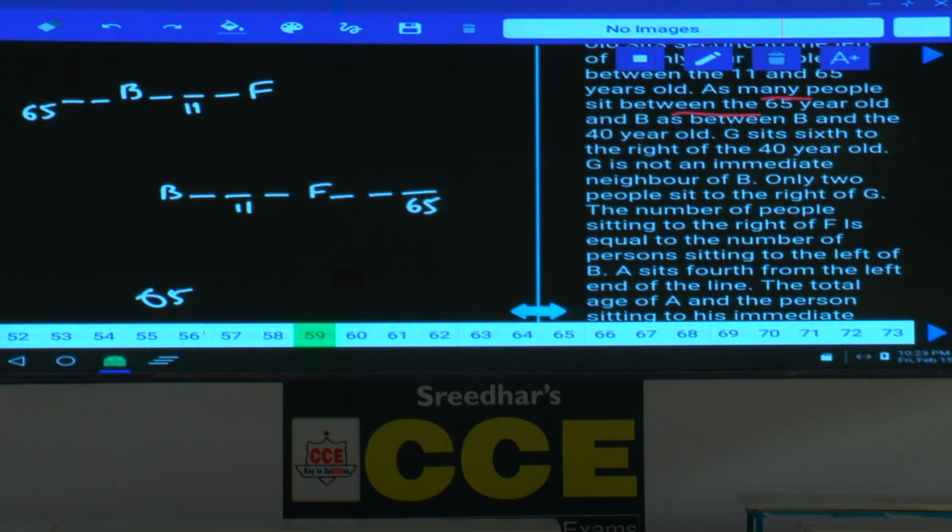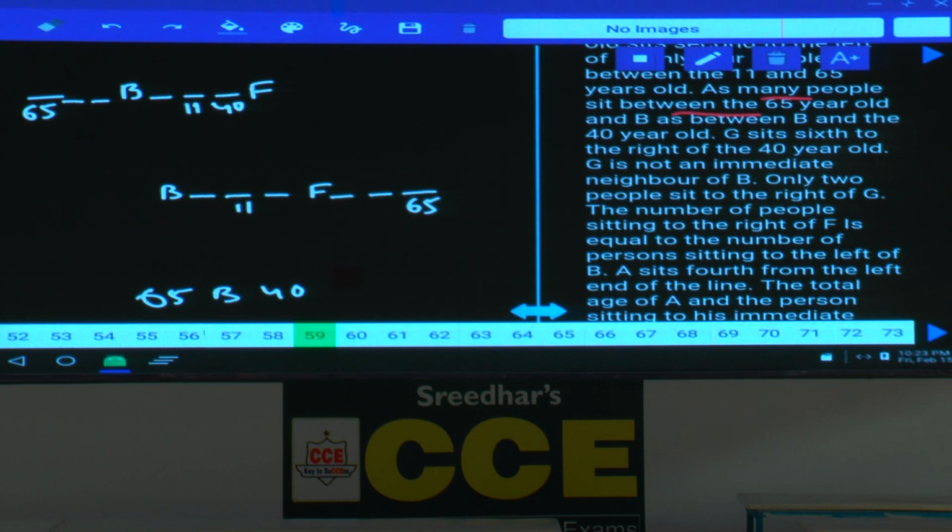This B must be exactly in between the 65-year-old and 40-year-old, isn't it? Now B is here, 65 is here, 1, 2, isn't it? And this 65 is on the left hand side of this B. Then 1, 2, 3, hence the 40-year-old must be to the immediate left hand side of F. Are you following this one or not?